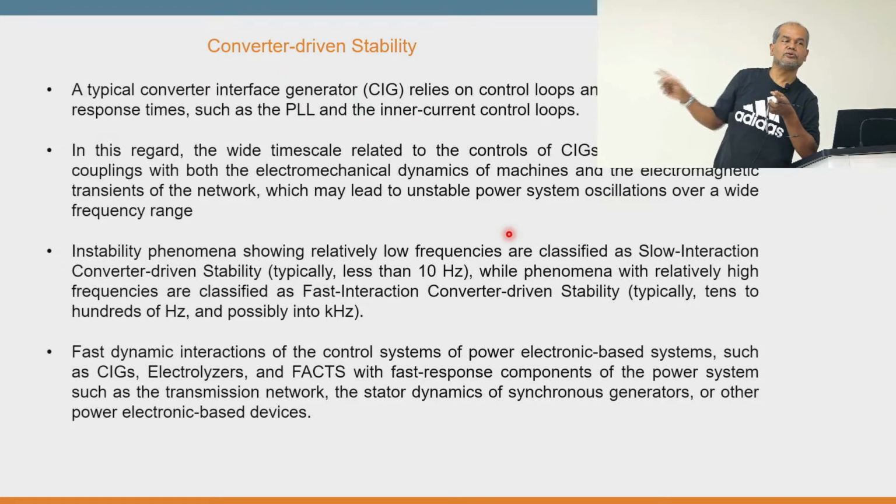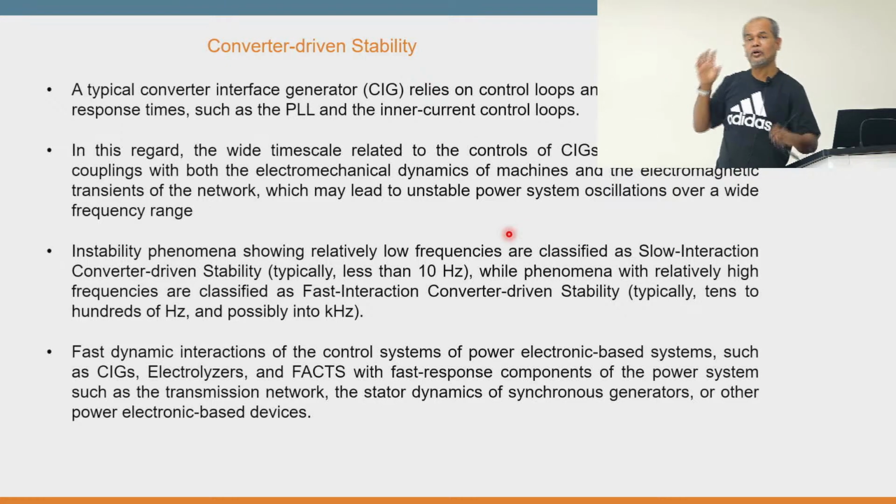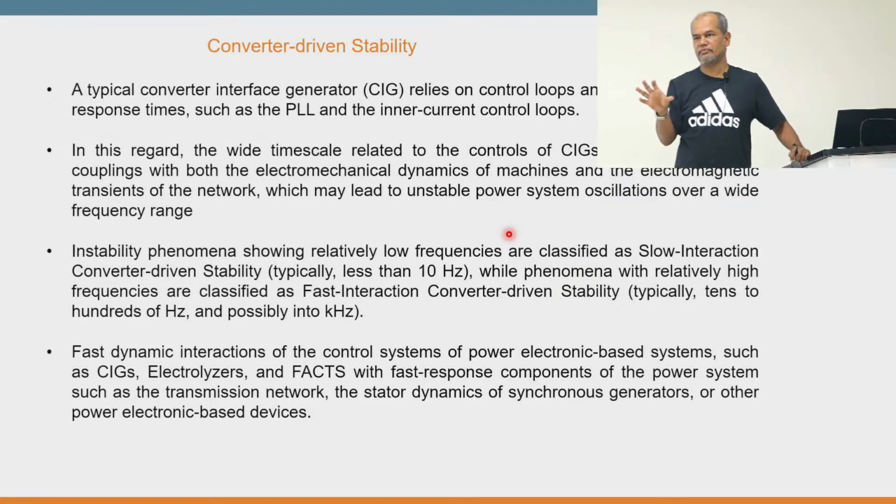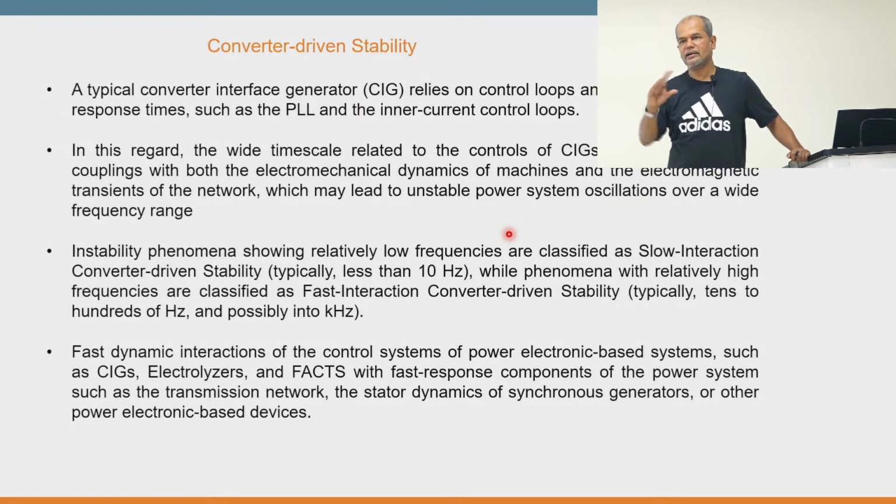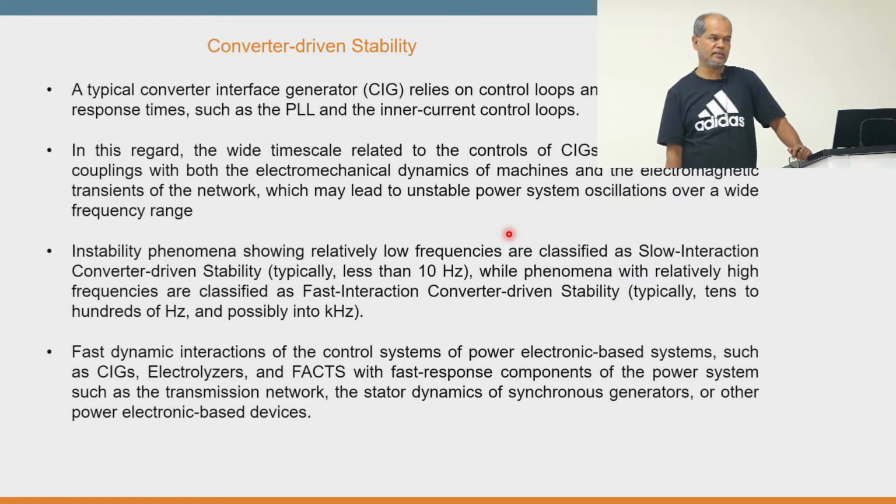Then sometimes they introduce converter-driven instability. Normally converters help to improve stability, but sometimes due to negative control interaction between each other, they might also introduce instability in the system.